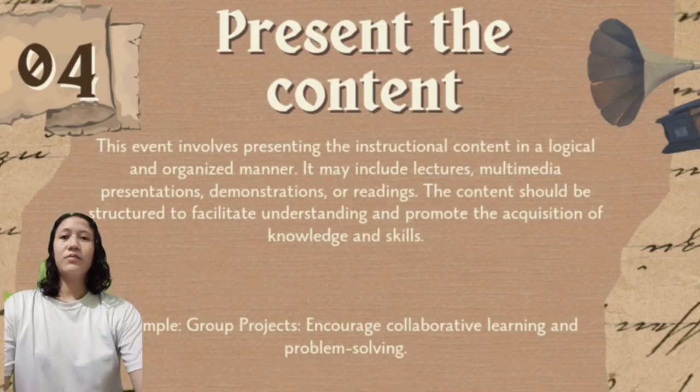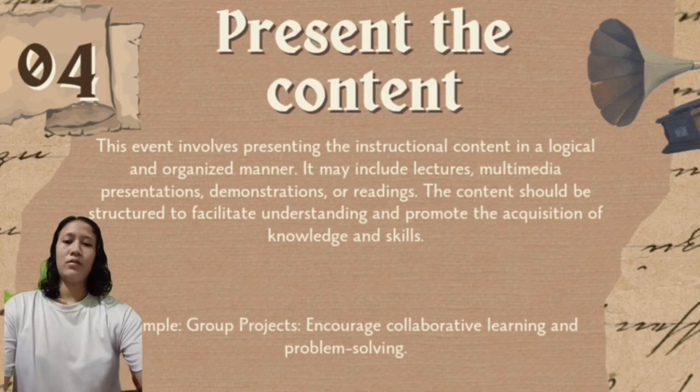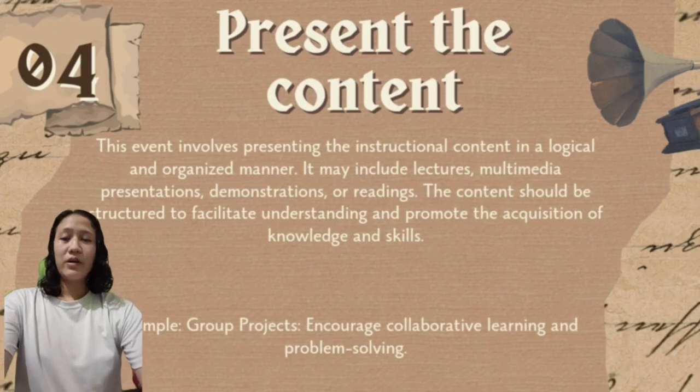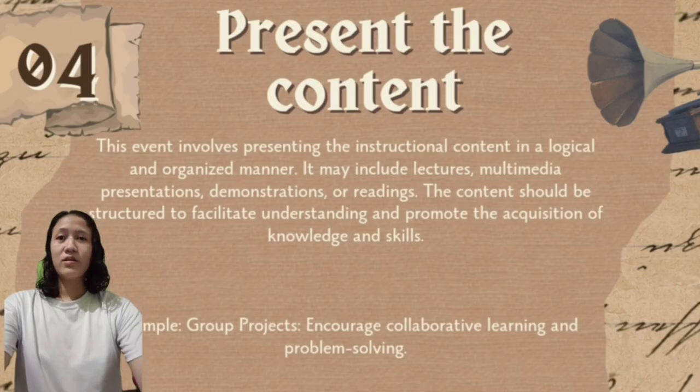For example, a group project encourages collaborative learning and problem solving, like engagement activities. Hands-on experiment: conduct a simple experiment to demonstrate photosynthesis, such as placing a plant in a sealed container with water and observing bubble formations.